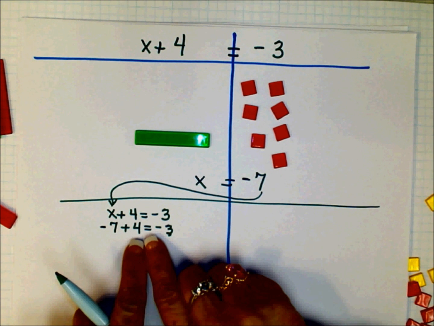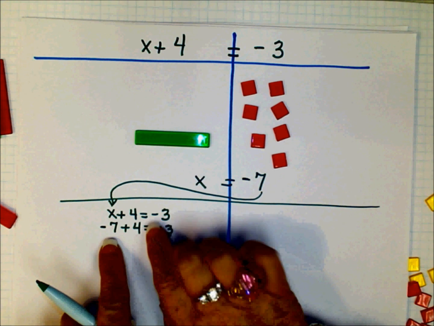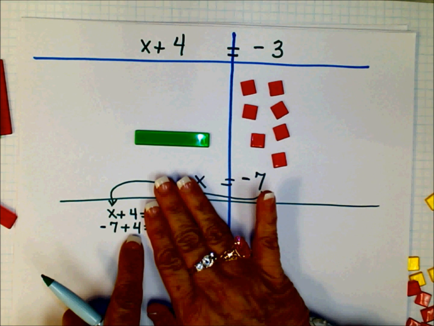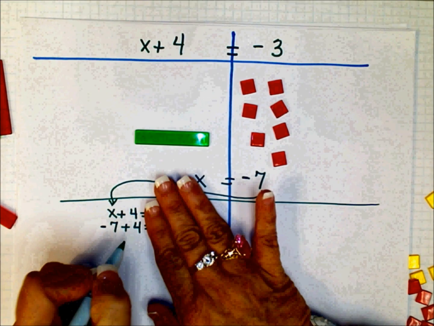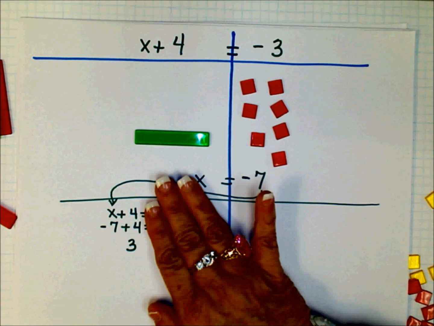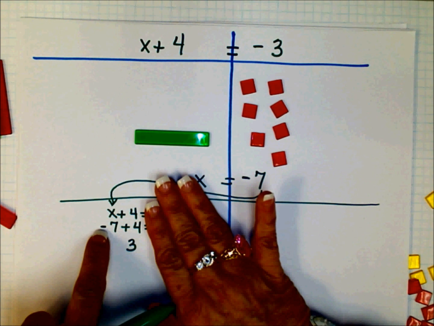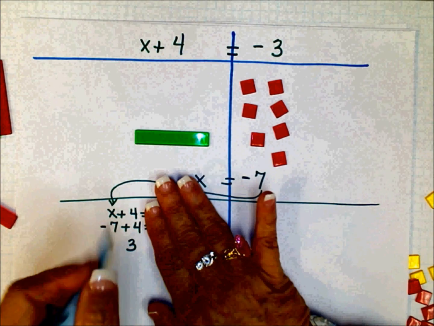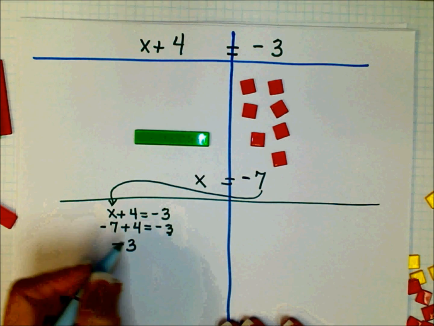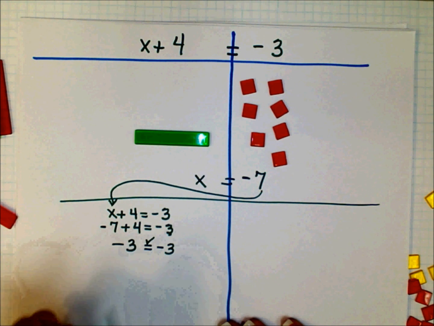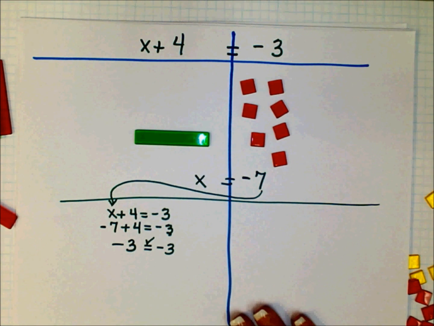When they're different, we subtract. So on the left-hand side here, a negative 7 and a positive 4, the signs are different, so we're going to subtract and get 3. And when we add and subtract, remember the answer is always the sign of the larger number, or 7's sign, which is negative. And I actually do get negative 3. So my problem does check. So that would be correct.